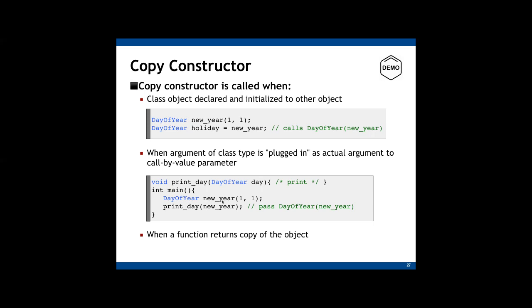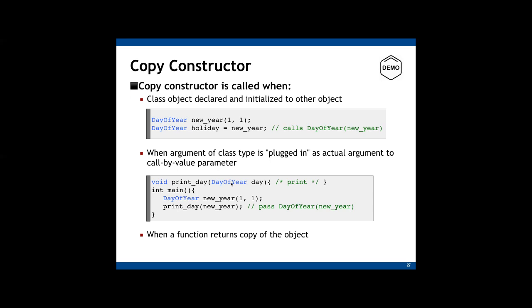So here we create new year objects, which is a day of year class type, and we pass this object to this print day function. And because this is a call by value passing method, the copy of these objects will be passed to this print day function.